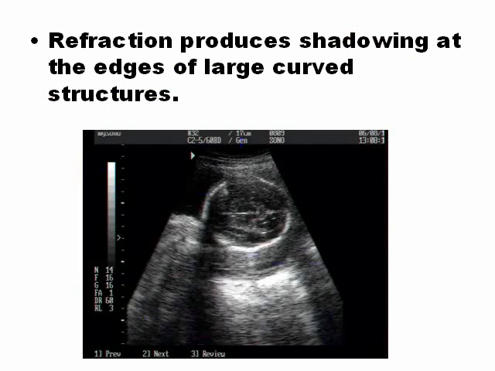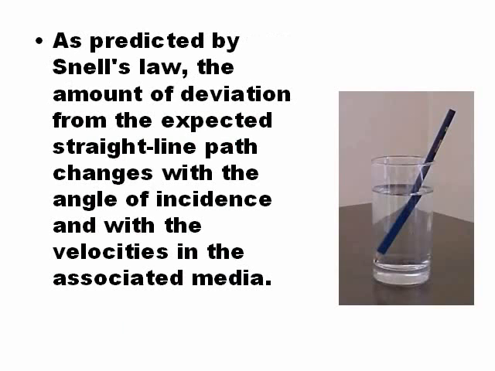Refraction produces shadowing at the edge of large curved structures, typical in the cranium of the fetus. Snell's law is the law that explains refraction, and when refraction happens, there are no straight line paths in ultrasound.